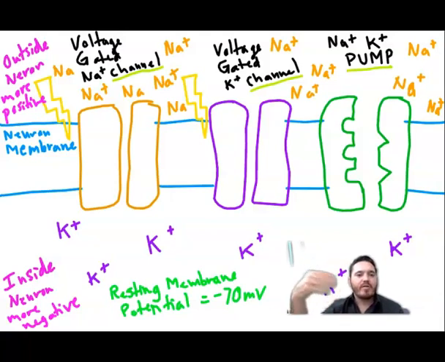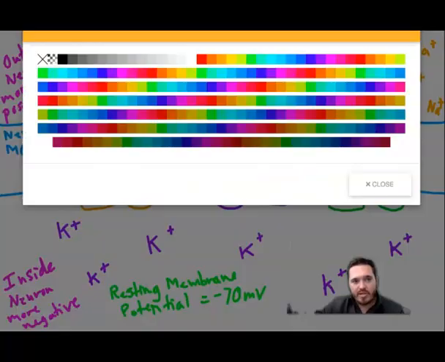Okay? When the neuron is firing, that's when an action potential will be, or the signal, the electrical signal, will be transmitted along the axon. So when the signal's not being transmitted, the resting membrane potential is negative 70 millivolts, and the thing that helps to maintain that is the sodium-potassium pump, which, as I said, does require energy.